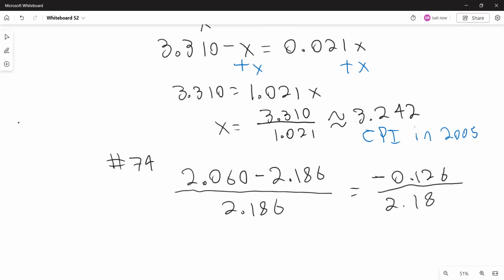So the percent of increase is going to be negative. That means there's a decrease. This is approximately negative 0.058. And the percent of decrease is 5.8%.